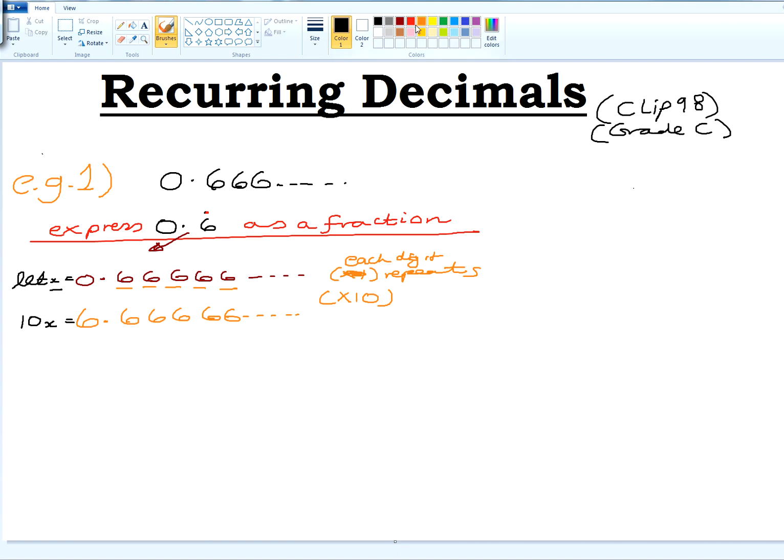Now, what do we need to do now? The whole intention of doing this is so we can eliminate the decimal part of it. So our intention is to get these numbers all over on this side of the question to match up. So this 6 matches with this 6, that 6 matches with that 6. All the numbers line up.